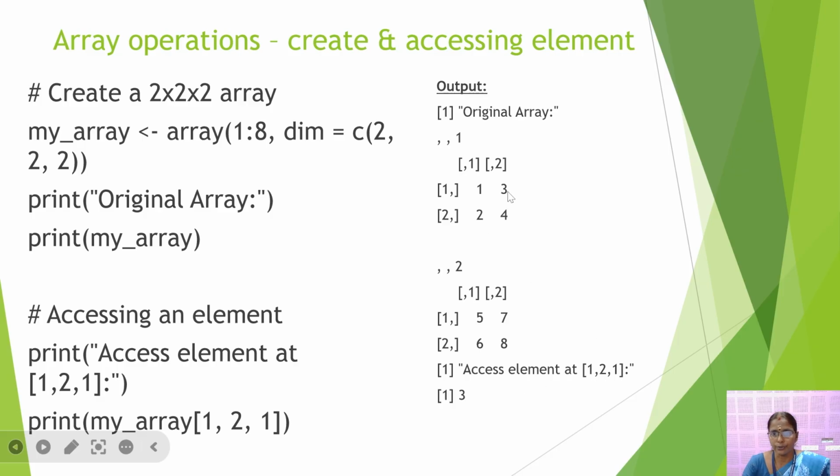This 1 represents the first row, this 2 represents the second column, and the last 1 represents the first array. The first row, second column in the first array is 3. It will give the output 3.